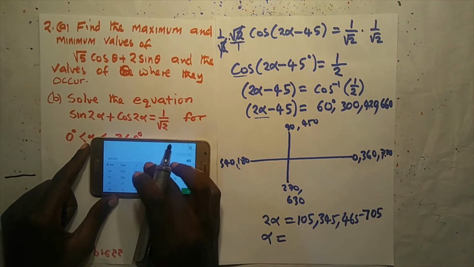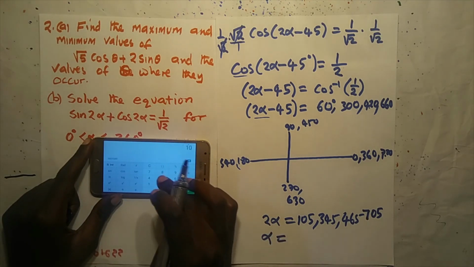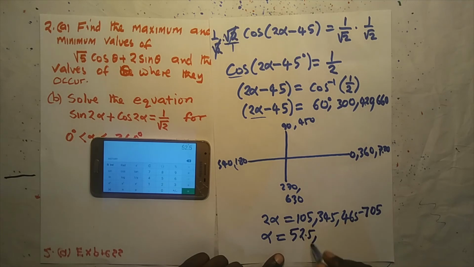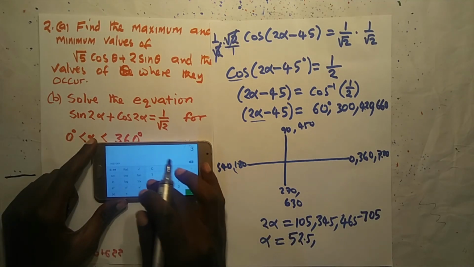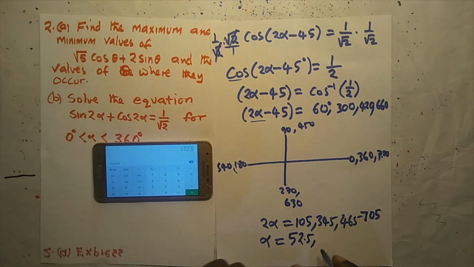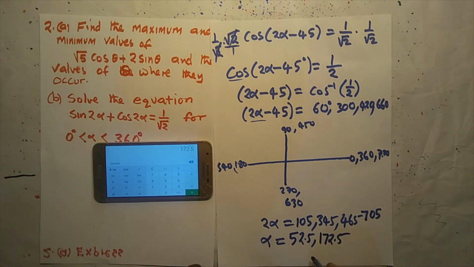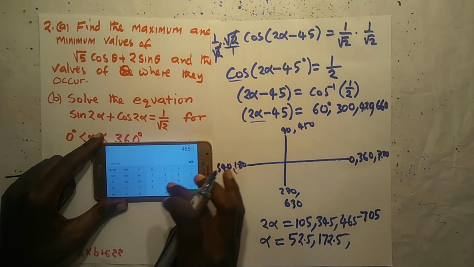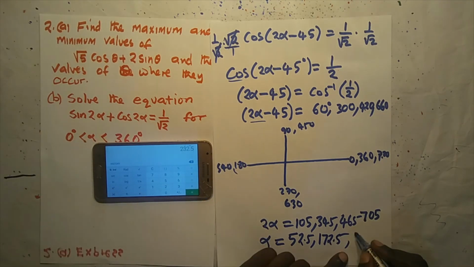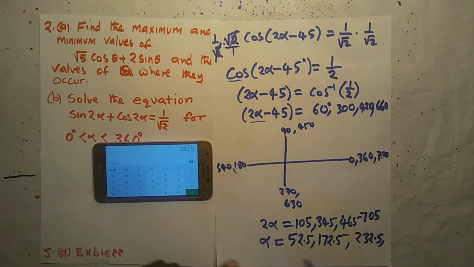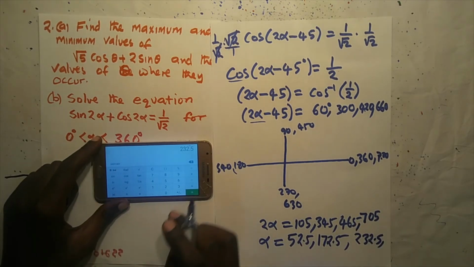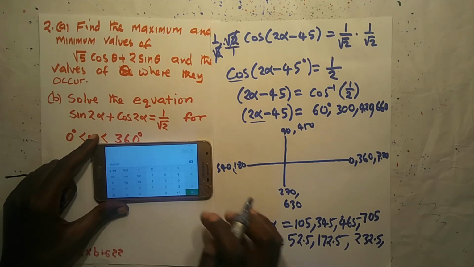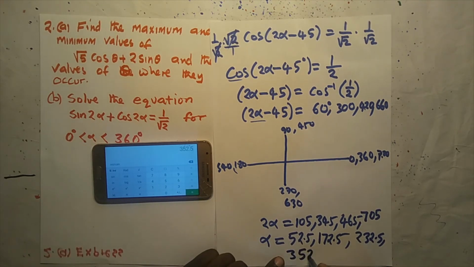We are going to have 105 divided by 2, which will give us 52.5, and then 345 divided by 2, which will give us 172.5, and then we also have 465 divided by 2, which will give us 232.5, and the last one is 705 divided by 2, which gives us 352.5.